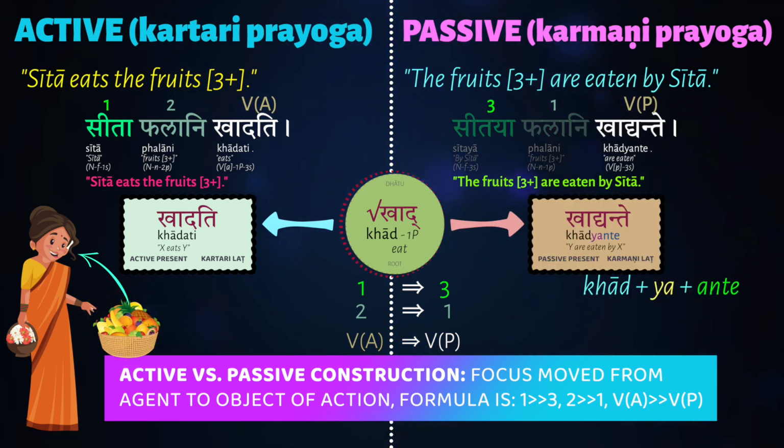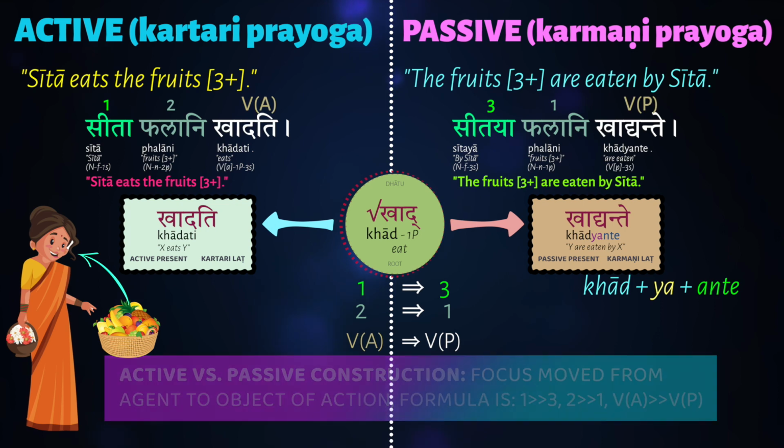The active form of the verb, you turn it into the passive form, and you make it agree with our new subject. We do that by taking the root khad, add the passive marker ya, atmanepada endings that match our new subject, Phalani, third person plural. So we get Sitaya phalani khadyante. The 3 or more fruits are being eaten by Sita. That's our present passive conjugation.